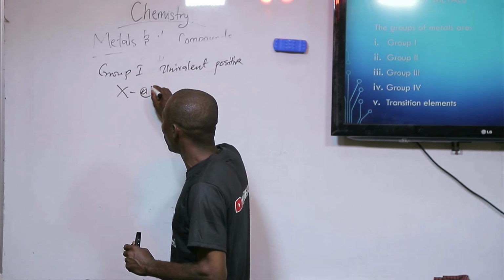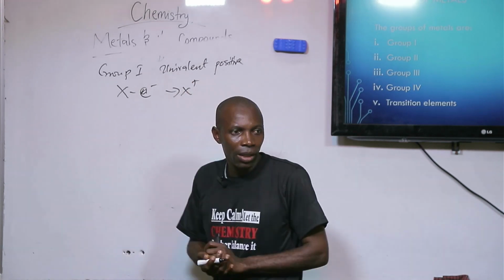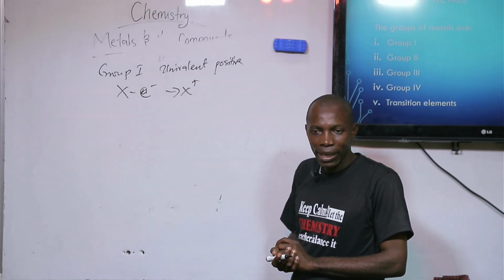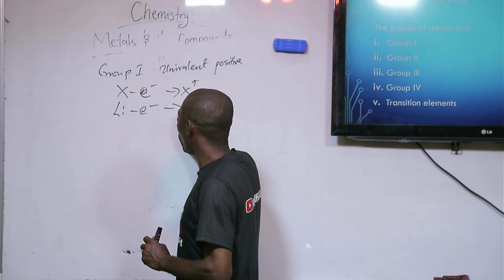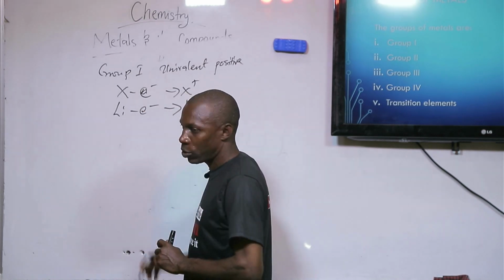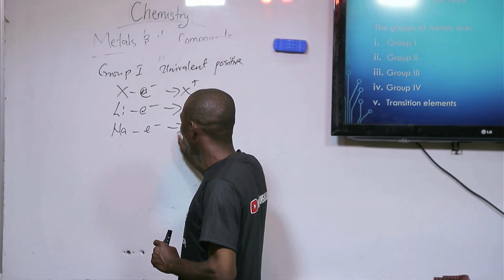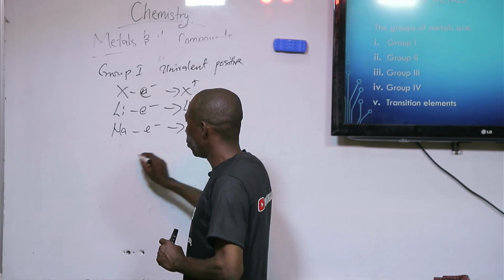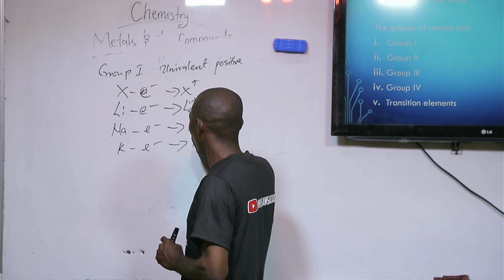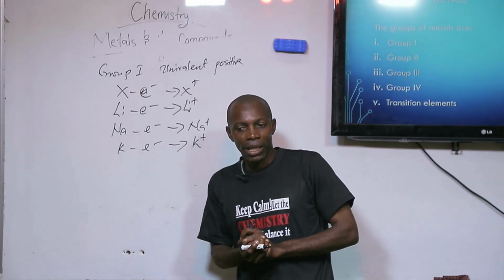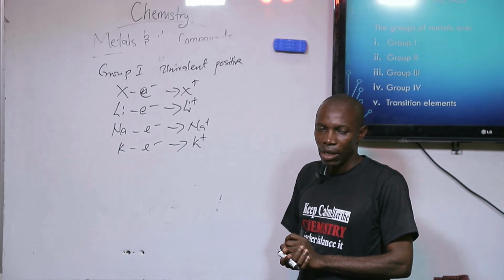They will lose 1 electron to form their what? Cation. The group 1, like lithium, will lose 1 electron and become what? Li plus. Sodium will lose 1 electron to become what? Na plus. Potassium will lose 1 electron to become what? K plus. The group 1 are univalent, positive metals.